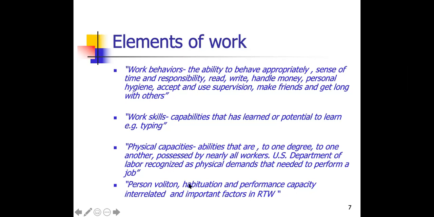Their habits will be affected because they cannot perform their routine. So, for example, disabled workers, mentally retarded workers, autism, all these kinds of vulnerable populations, if their routine changes, the effect on their performance, because the things are interrelated: the person's volition, habituation, and performance capacity. These are the factors in return to work we need to address.